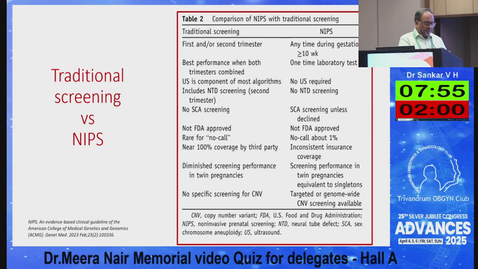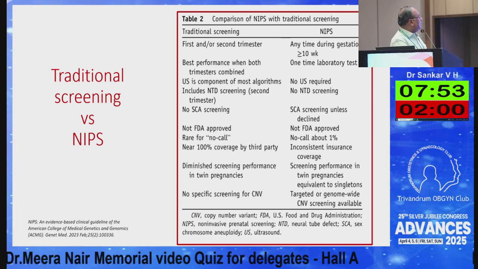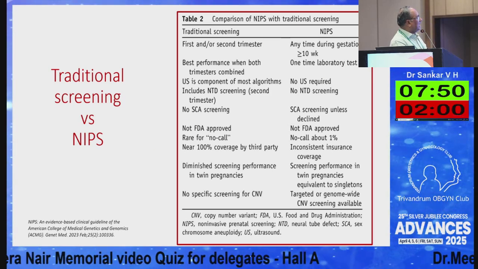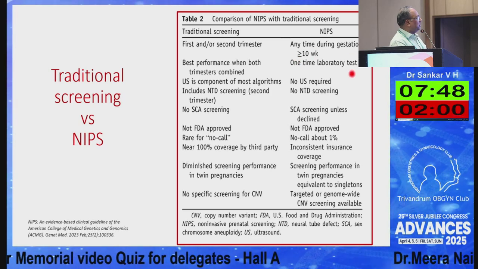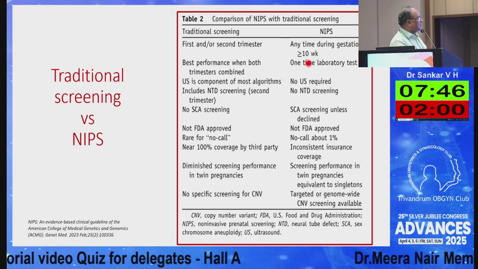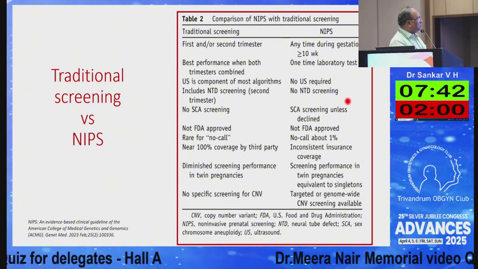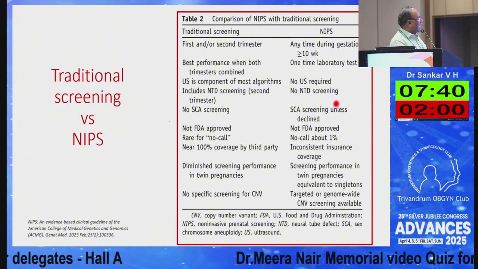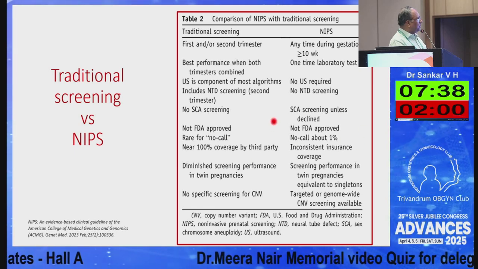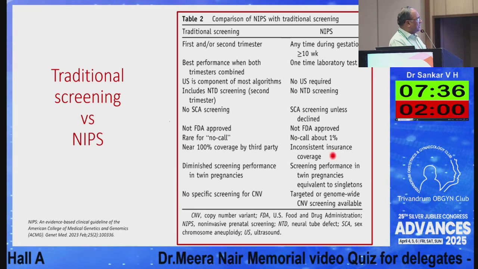Compared to a traditional screening method, you can see that NIPS can be done anytime during gestation, after 10 weeks. It's a one-time laboratory test, no ultrasound required, no NTD screening, sex chromosome screening unless declined, not FDA approved, no-call rate about 1%, and inconsistent insurance coverage.